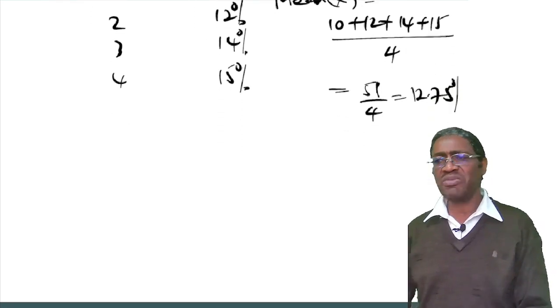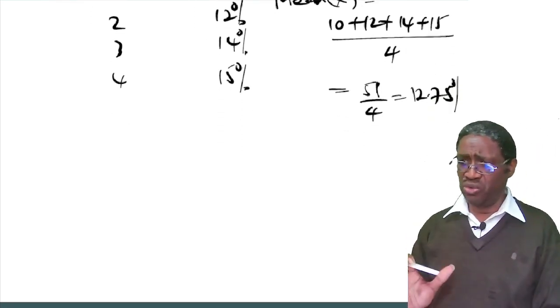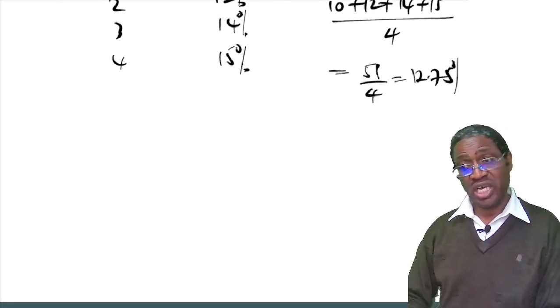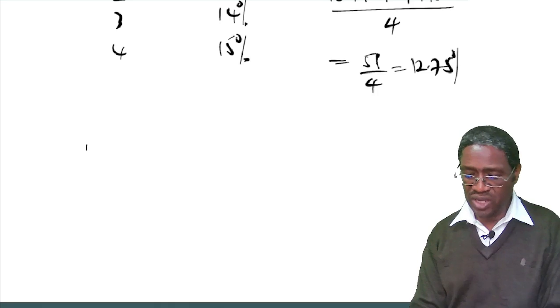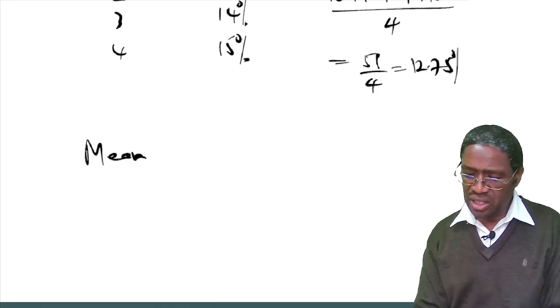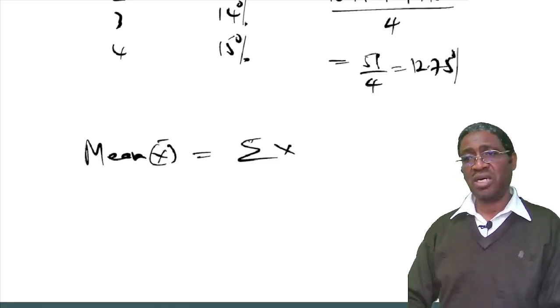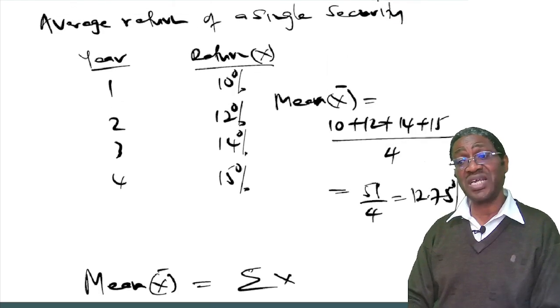Now, let me develop a formula that we shall be using to calculate the return on a single investment. We calculate the mean, which is X bar, by taking the summation of X, where X is what I was representing as the returns.